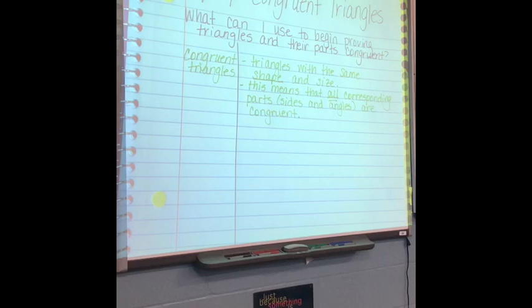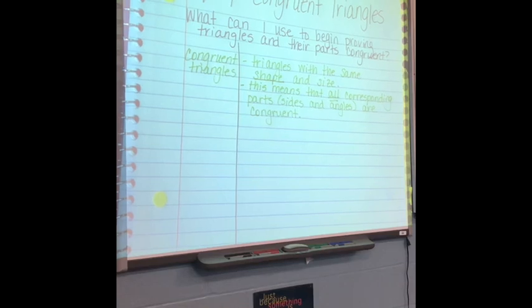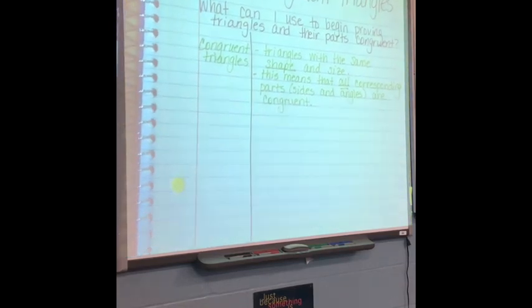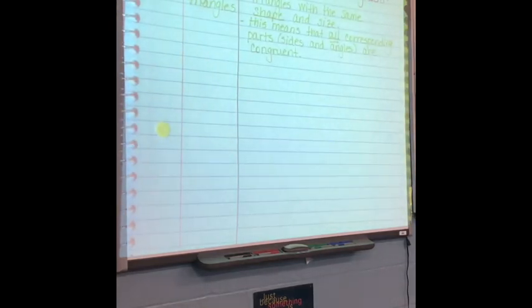We're looking at congruent triangles. And up until now, we've written some different congruency statements, like an angle congruent to an angle or a side congruent to a side. And the order of whatever we wrote didn't matter, right? But in this situation, when we start talking about triangles, we're going to have to start paying attention to those corresponding parts to make sure we write the congruency statement the same.